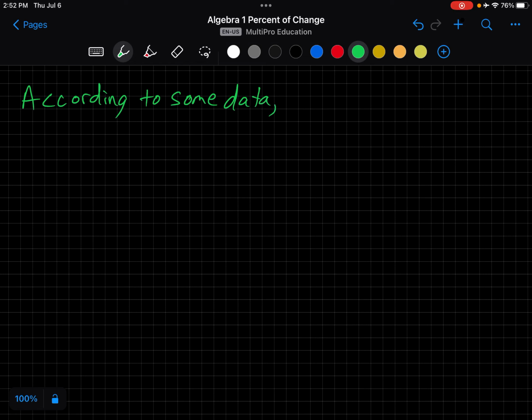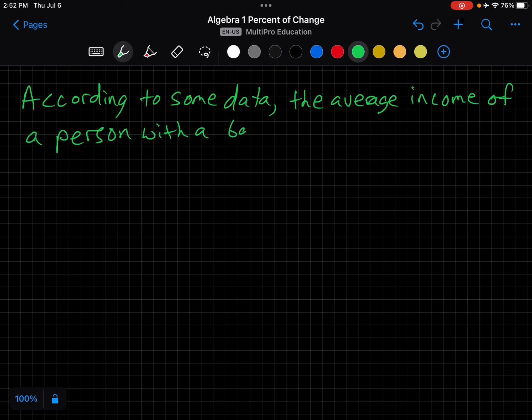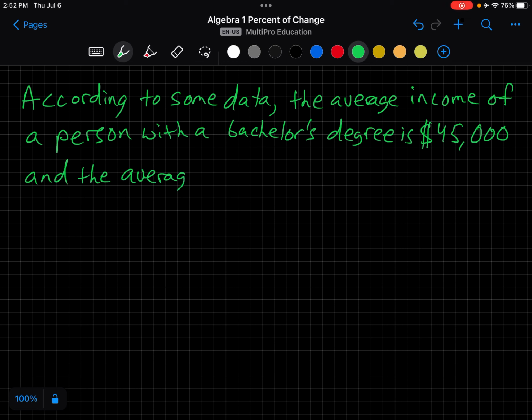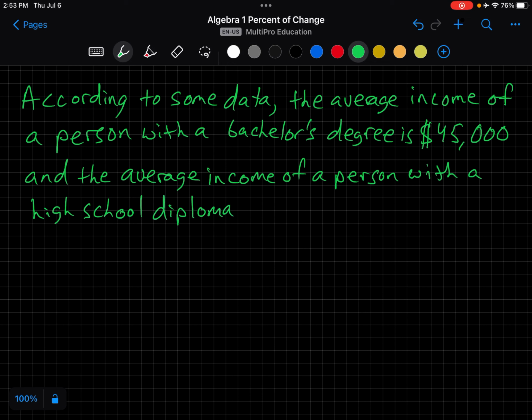According to some data, the average income of a person, not a robot, with a bachelor's degree is $45,000 US dollars, and the average income of a person with a high school diploma is 27,000. Yeah, that's tough. All right, so what do we need to do here?